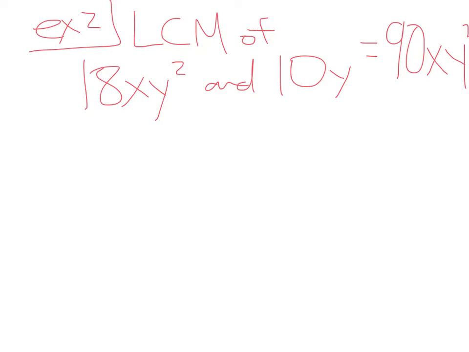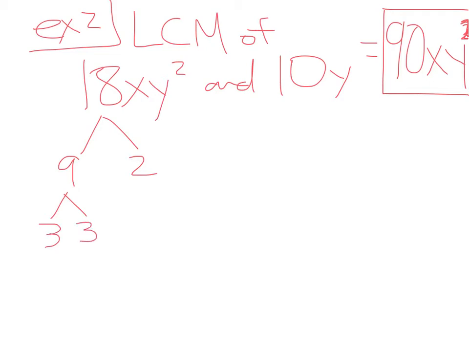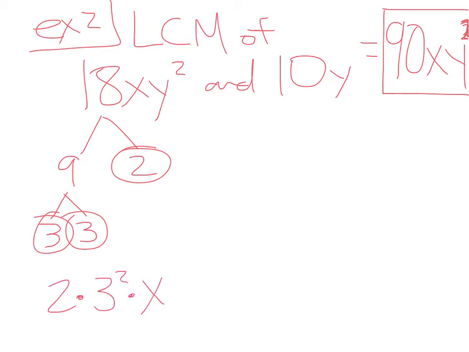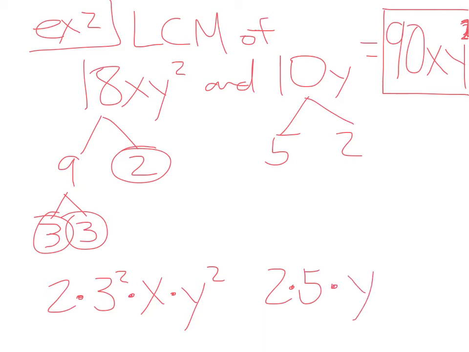But the way we do that is, again, if we're using our shortcut method here, well, not shortcut, but just the method of doing this, we've got to find our factorization. So if you're doing this one, 18xy squared is 2 times 3 squared times x times y squared. And then 10y, since it's just 2 and 5, this would be 2 times 5 times y.